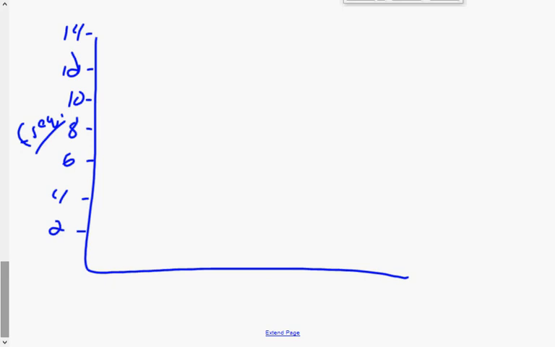And then you just plot your midpoints. So first one was 250, 750. No, 12.